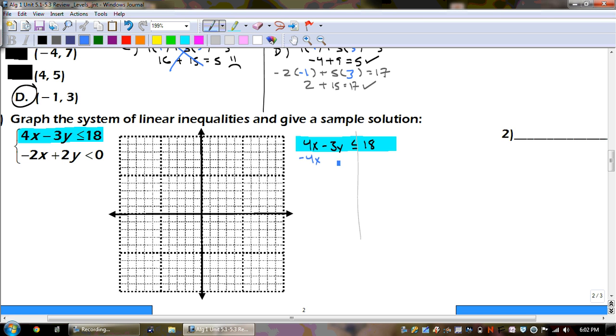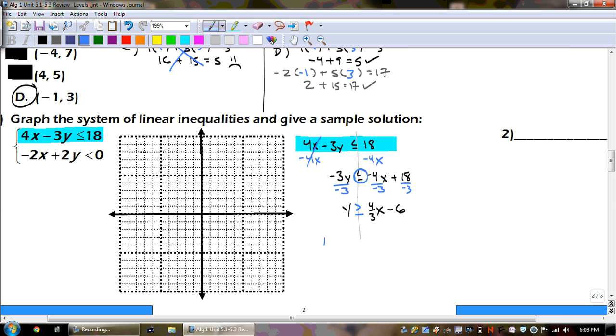So I'm going to subtract 4x from both sides, and we get negative 3y is less than or equal to negative 4x plus 18. To get the y by itself, I have to divide by a negative, so right away I know that I have to flip the sign. The y is by itself, and then I get a positive 4/3 x minus 6.